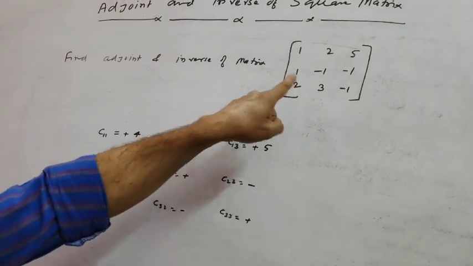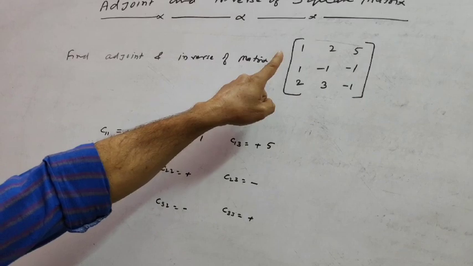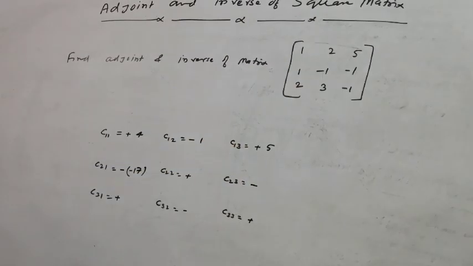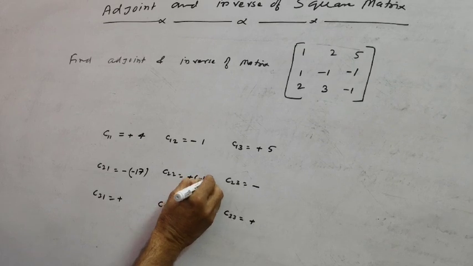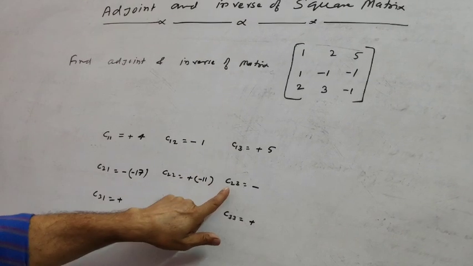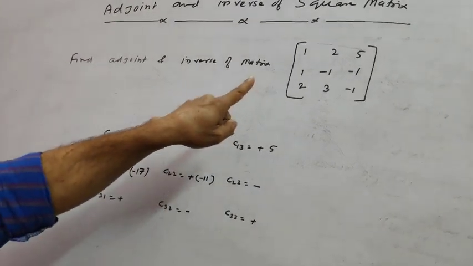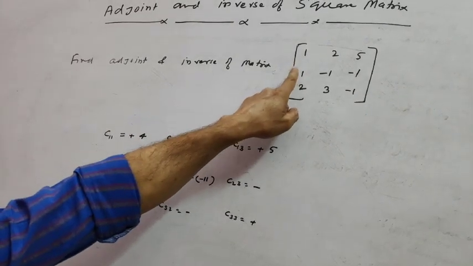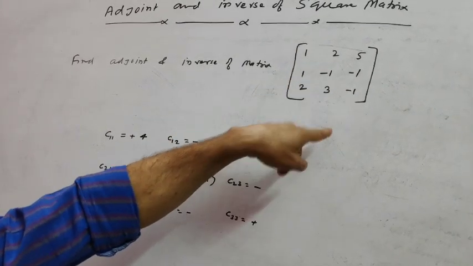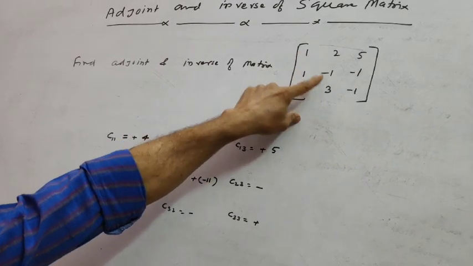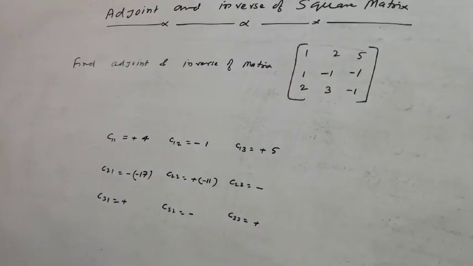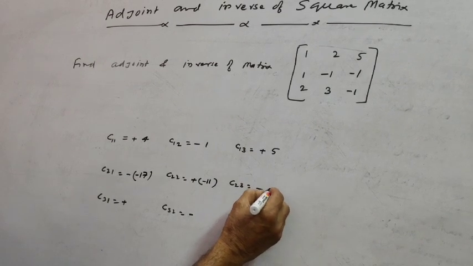Deleting the second row and second column, the determinant of the remaining is minus 1 minus 10, which means minus 11. C23. 2 3 means again minus 1. Deleting the second row and third column, the determinant of the remaining is 1 into 3 minus 4. 3 minus 4 means minus 1.